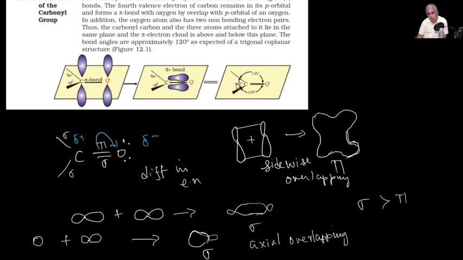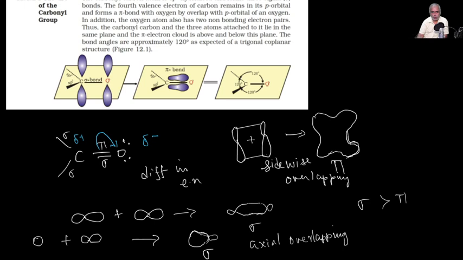All are in the same plane. Of course, this pi bond is perpendicular to the sigma bond plane, which is indicated in the yellow highlight here.